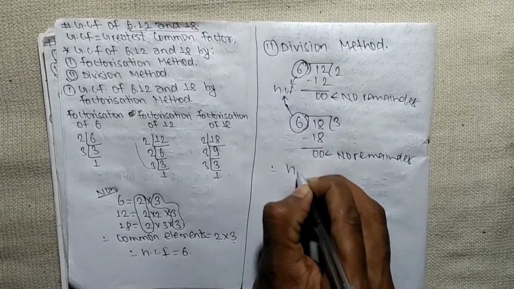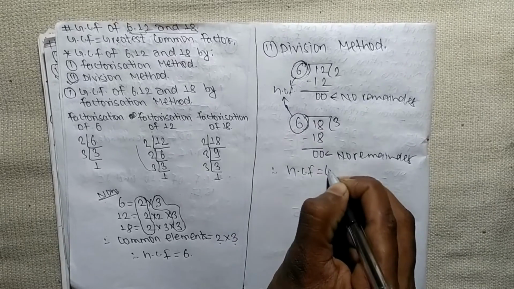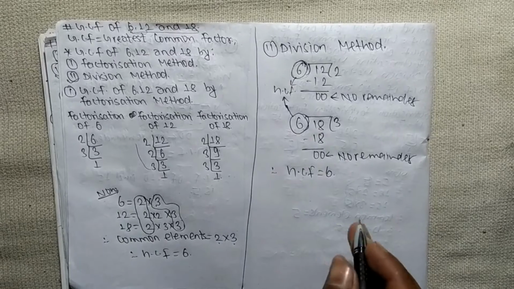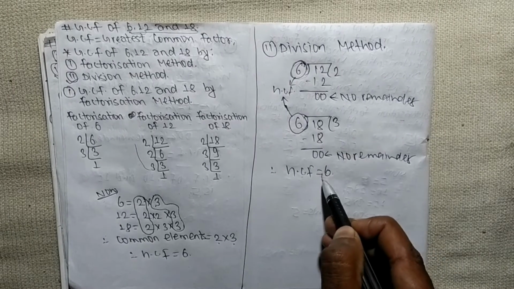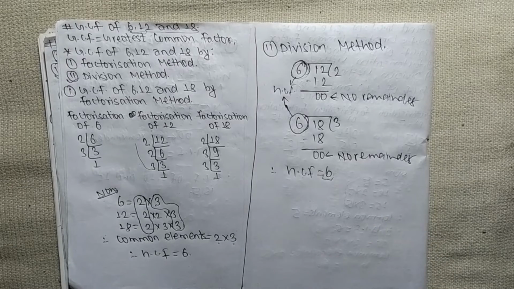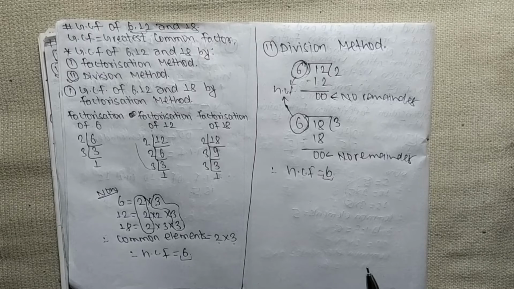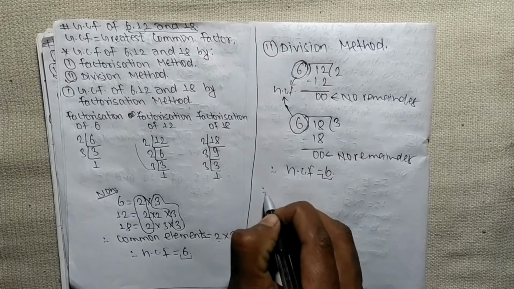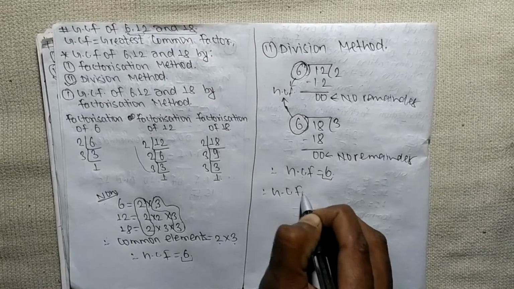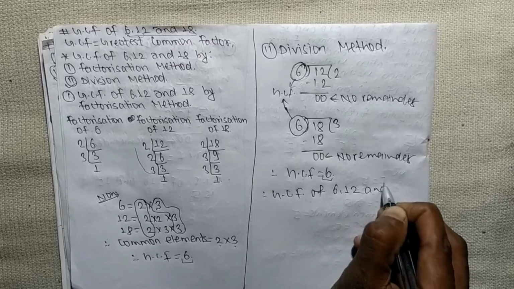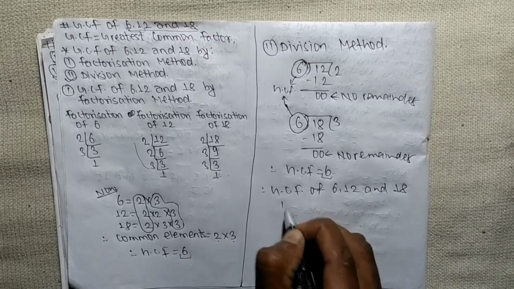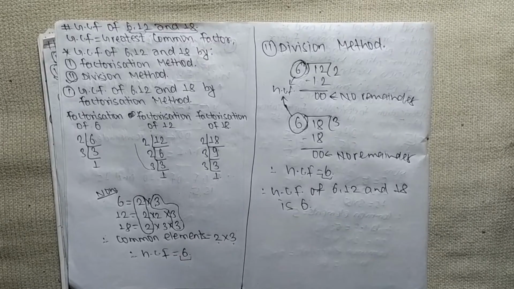So it becomes the GCF. Therefore we can write GCF is equal to 6 by division method also. As you look here, in division method GCF is 6, like as in factorization method GCF is 6. So easily we can say that GCF of 6, 12 and 18 is 6.